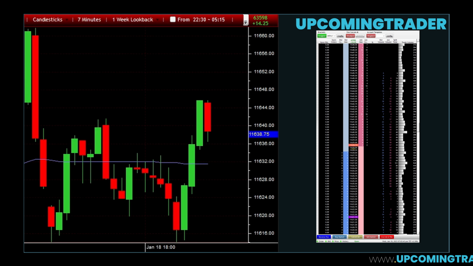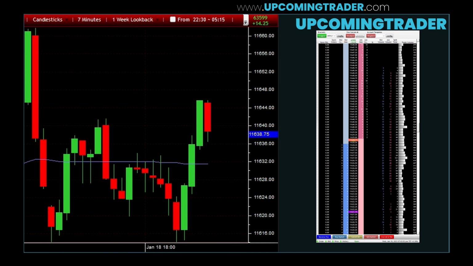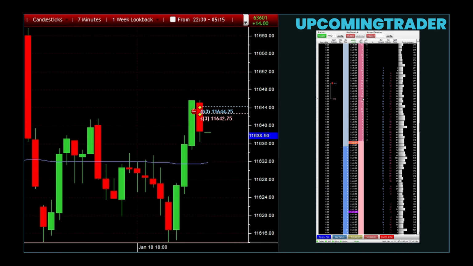So let us quickly recap. The fixed range volume profile is a powerful tool that helps you understand the volume traded at each price level during a specific time range. It helps you find areas of support, resistance, and potential breakouts. You can start by selecting key market events or time periods to focus on.